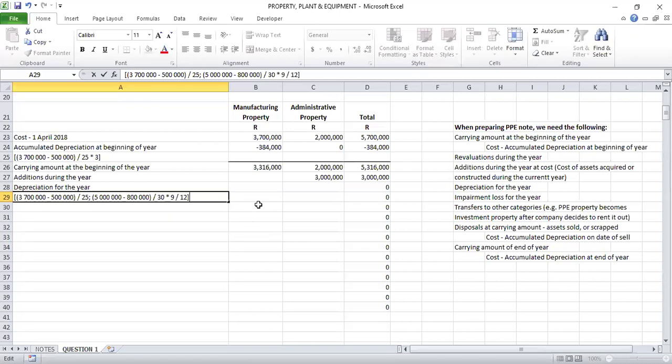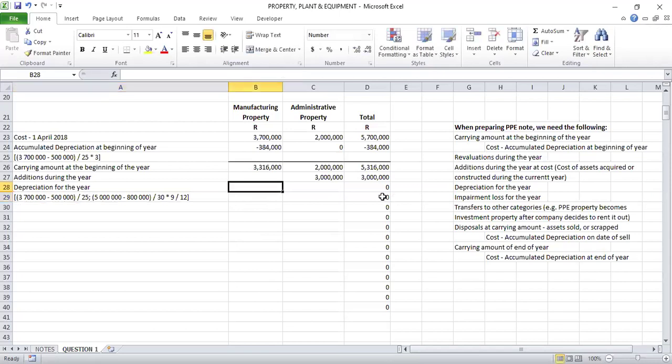Right. Can I please get the two figures? Eugene, for the admin, it is 105,000. Yes. And the manufacturing property? 128,000.